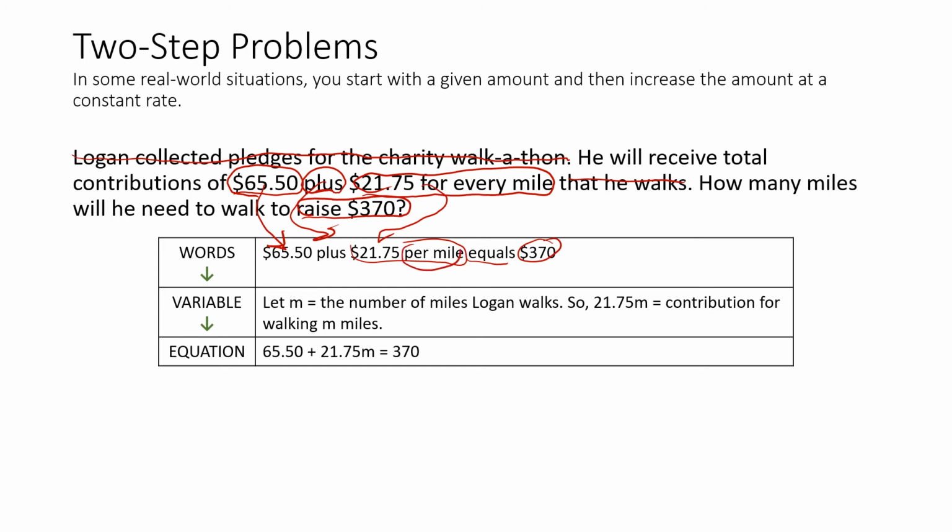That per mile is an unknown, so we're going to let M stand for the number of miles Logan walks. So that gives us this term, 21.75 M, and that's also an operation, right? That's a simple equation, which is the contribution for walking in miles. So if we use the colors like we were just using, this 65 plus is going to be here.